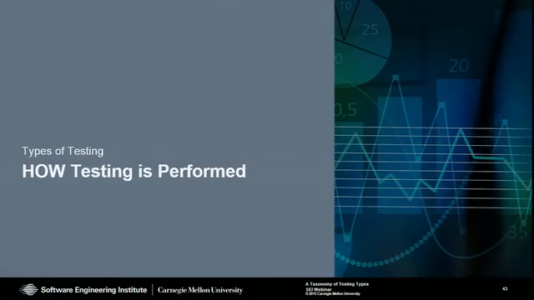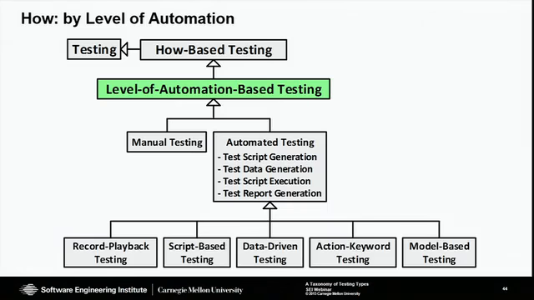Now, how testing is performed. This is one of my favorites here, and this is one that I strongly suggest people take a look at, the next few that are how-based. We already had the question on automation. Manual testing, basically everything's done manually, although you may have some test tools that help you with part of that.